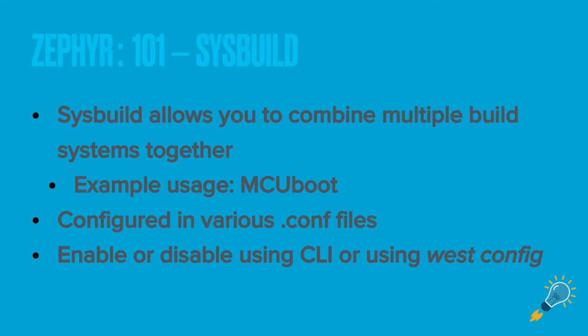Let's talk about Sysbuild. So Sysbuild allows you now. This is something that was really cool that I enjoyed in NCS, was the fact that you could build your application, merge it with MCUboot, and flash it as one hex file to your device, and it just magically worked. It did all the signing and all that other fun stuff. And it's like, okay, cool.